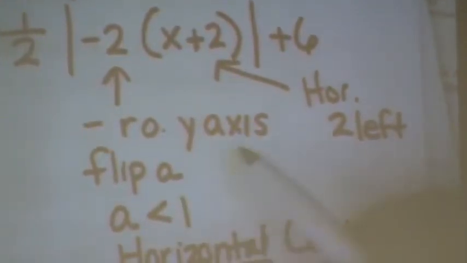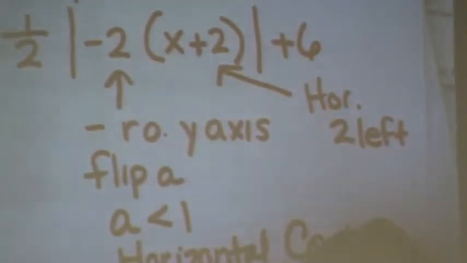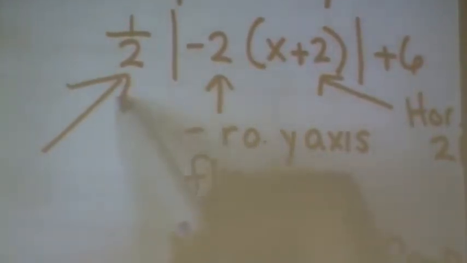Now, how do you do this horizontal shift? You're going to add the opposite to this x value. So after you multiplied everything by negative 1/2, you'll then subtract 2. 2 units to the left. Then you move out here. This number right here is your C value. C goes next. If C is greater than 1, it's a vertical stretch by whatever that number is.